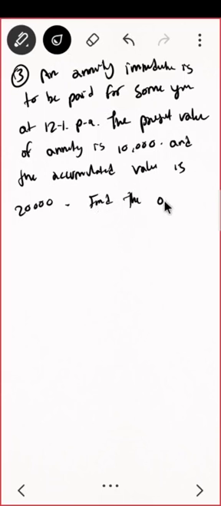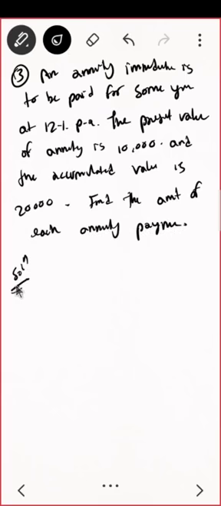Find the amount of each annuity payment. Tell me, how will you do? What are the things given and how will you solve this? So what we are supposed to find?